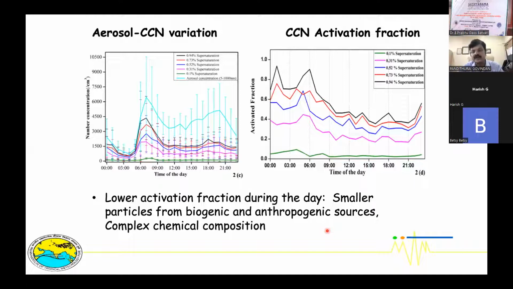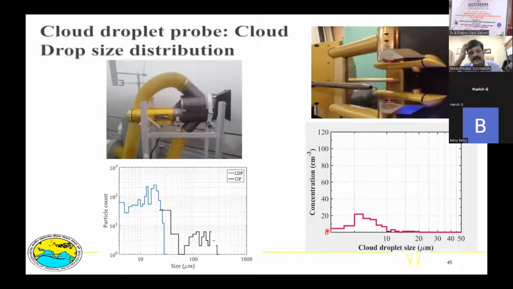Currently we are trying to understand how aerosol chemistry, size, and hygroscopicity play a role in CCN activity. The other thing is how cloud microphysical properties can be measured using cloud probes, similar to the ones we use in aircraft; here also a laser is used.